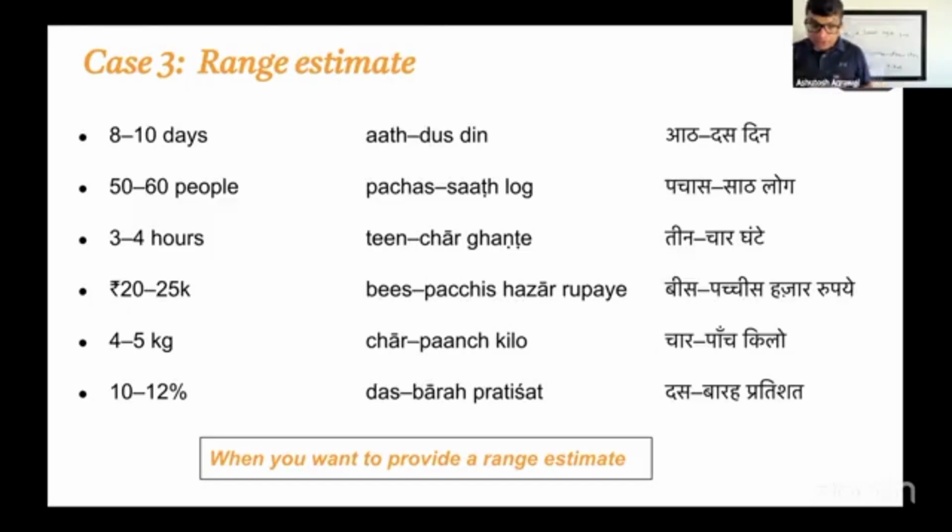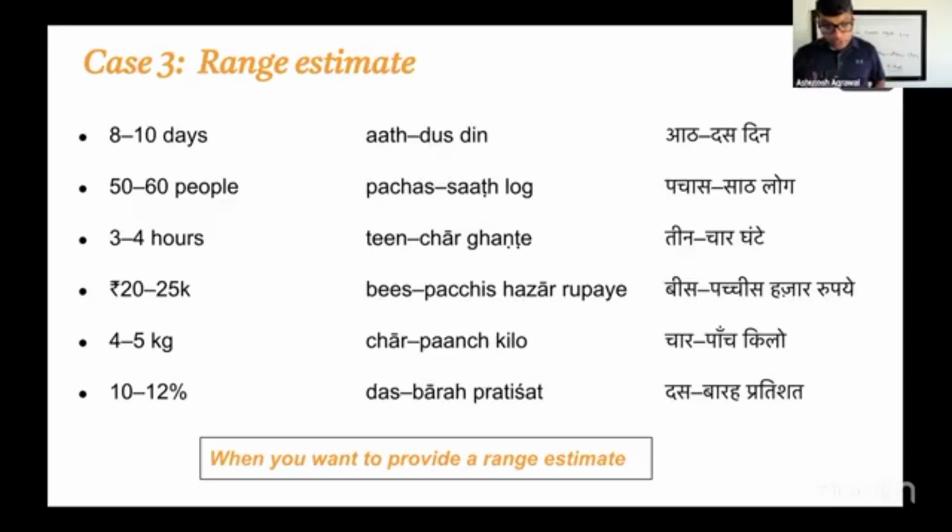The third one is also very common when you want to give a range. When you want to say 8 to 10 days, Hindi speakers will just say 8-10 din, which is the same as 8 to 10 days. When you want to say 50 to 60 people, you can say 50-60 log.